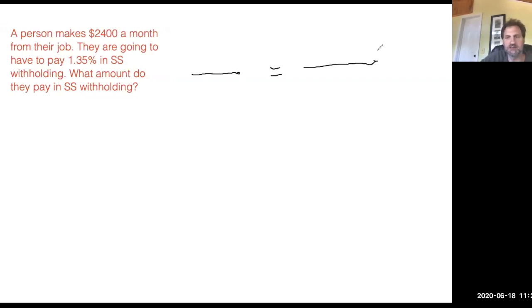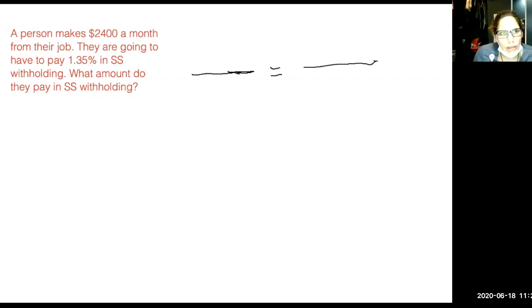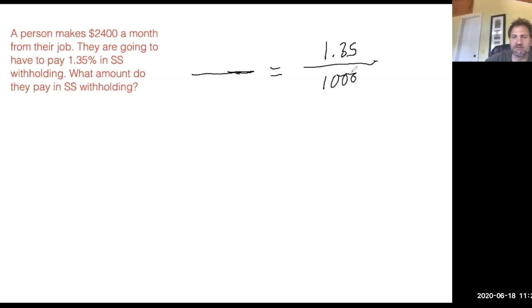Okay, so that's always my starting place for a proportion. If we're going to use proportions to solve this percentage problem, what do you know goes where? So it'll be the percent on top, the 1.35 over 100. Okay, good. So that's half the problem set up.